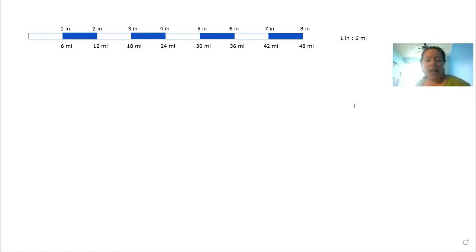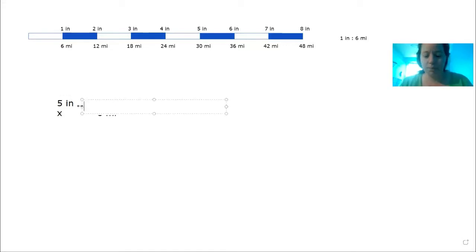So if I had on my map a place that was, let's say, 5 inches away from another place, I would do my equation, 5 inches, and then 1 inch. I don't know what X is, but I do know that that is going to be 6 miles.